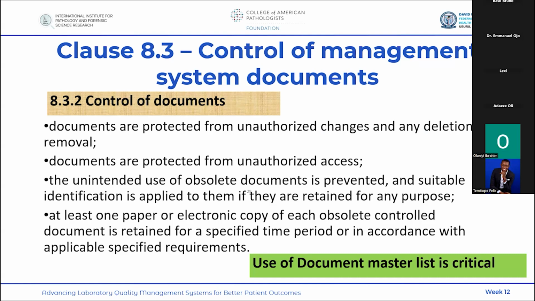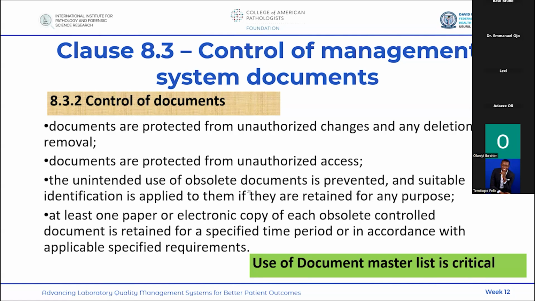And that is to make sure that the way it is at the point of approval is the way it is when people keep reading. If you maintain it as MS Word, for example, if somebody is going through it, there's a possibility of deletion or addition unintentionally, and then you realize that, oh, this is no longer representing the document.